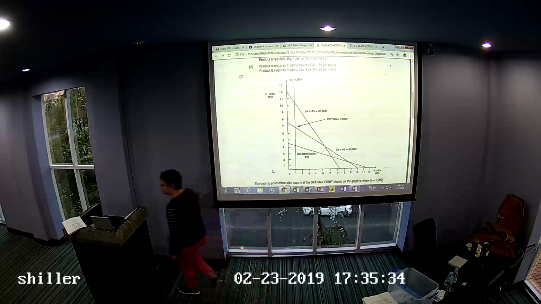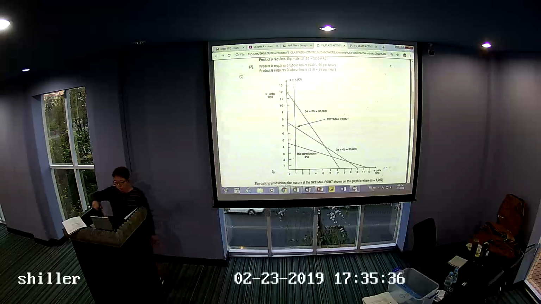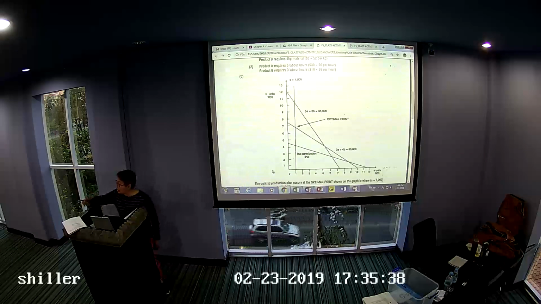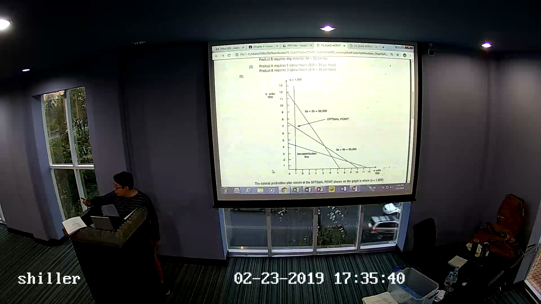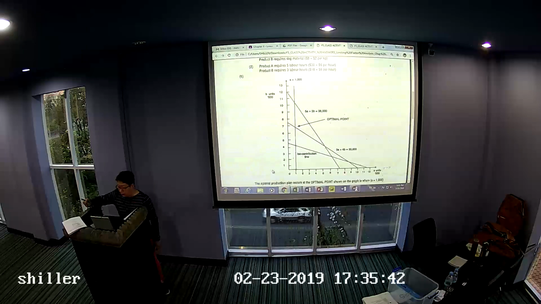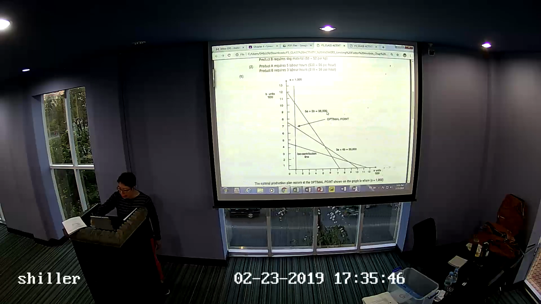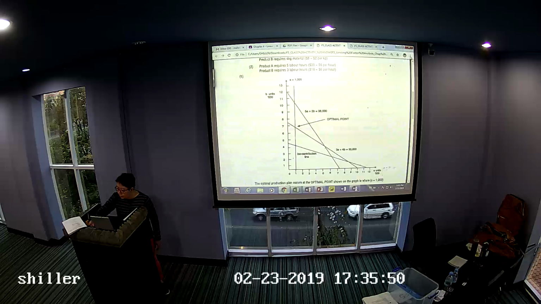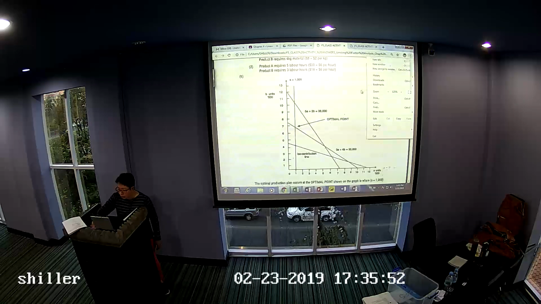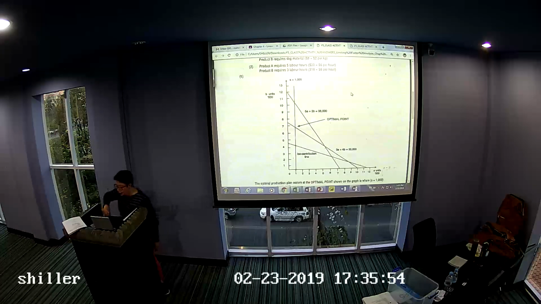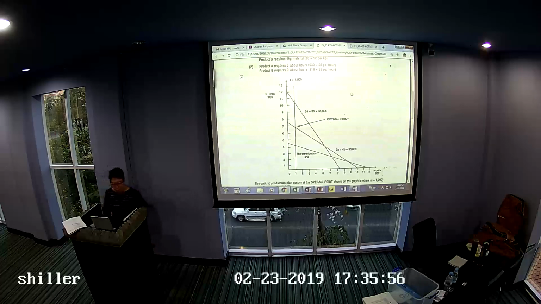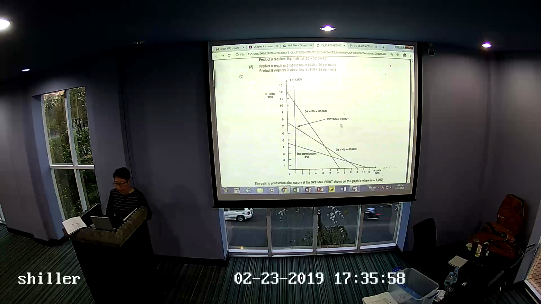Which one is the kilograms? Which one is the materials? I'm not talking about the optimal plan, that's the solution already.